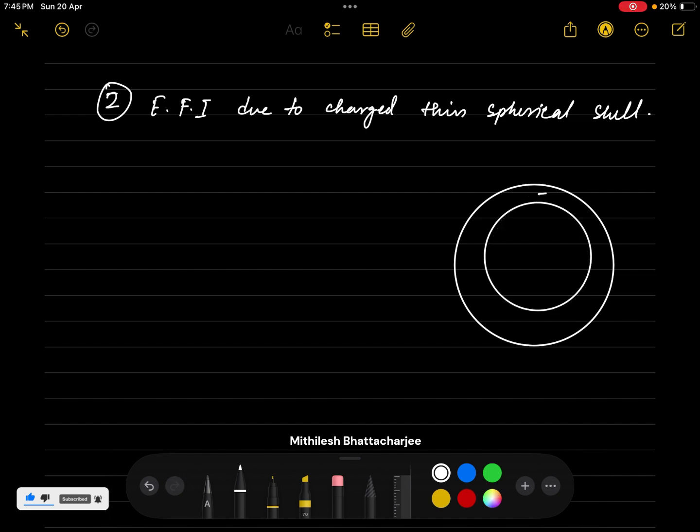This is the charged spherical shell, and we have to find the electric field intensity.